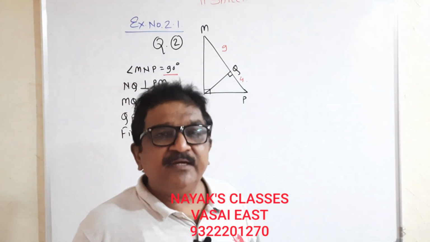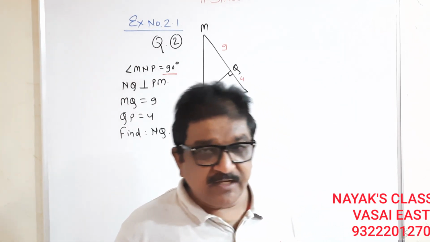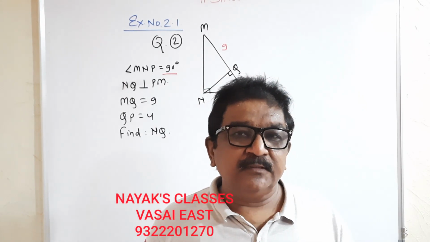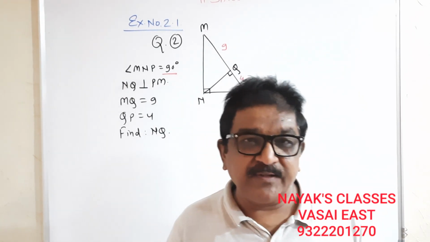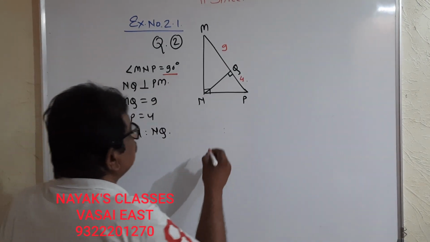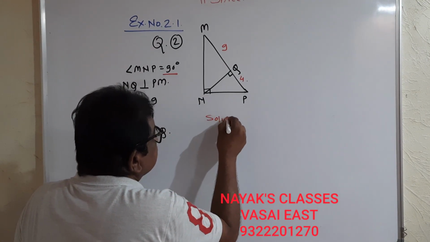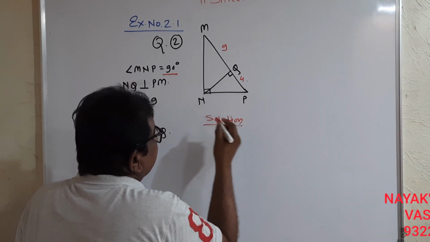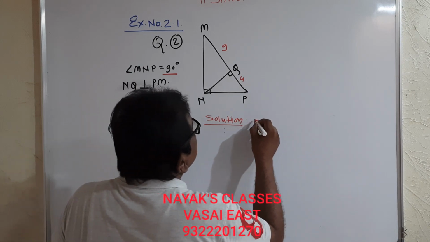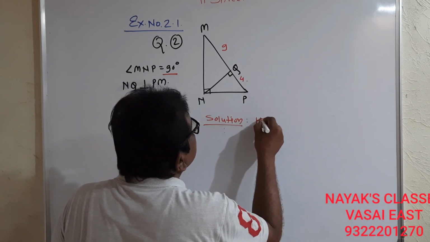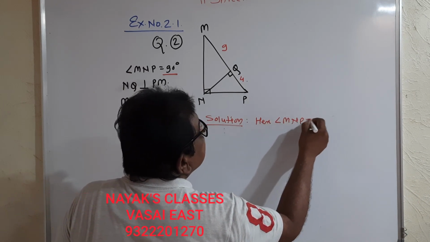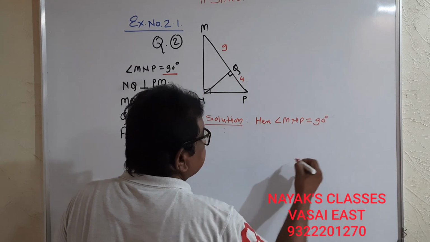After seeing the figure, you can directly say this example depends on the geometric mean property. The solution: nothing has to be proved. We have to find the solution. Here, angle MNP is 90 degrees.